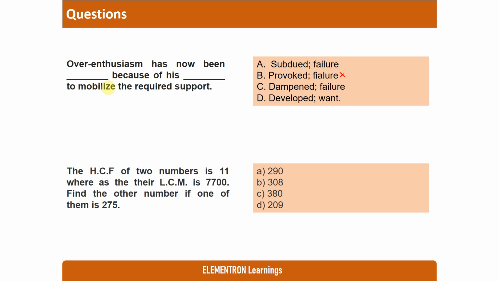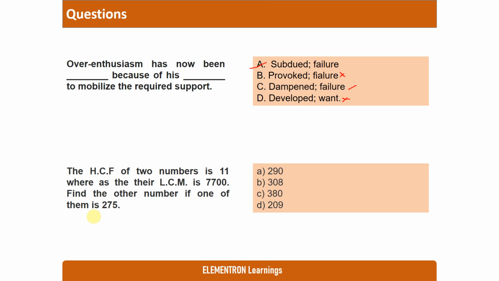Developed and want to mobilize the required support because of his want, so this cannot be a correct answer either. We have two options, either A or C, of his failure to mobilize the required support. Failure is correct in the second blank, and over enthusiasm has now been dampened and subdued because of. Subdued fits the given sentence, so the correct option is A.